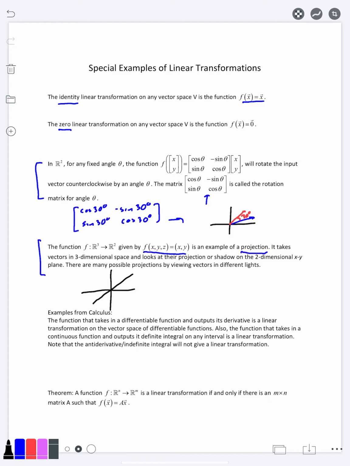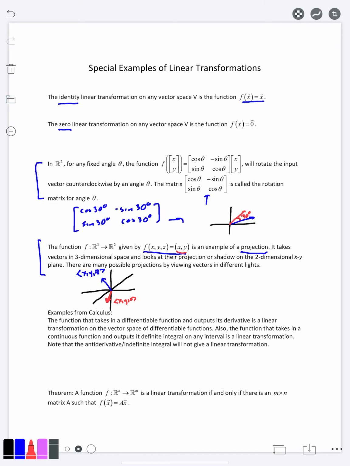But the idea of a projection is you take a vector in some three-dimensional or higher dimensional space, and you imagine shining a light straight down and trying to see what happens in just the xy plane. And this resulting vector down here, that's the projection. Like a shadow, you're projecting it down to two dimensions, and this is the case where it's xy.